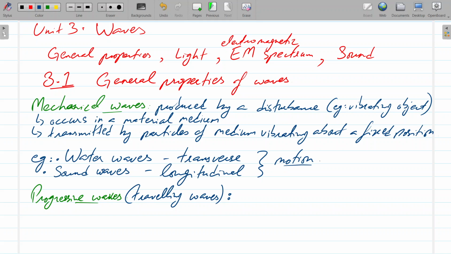They travel at right angles: the direction of their movement is at right angles to the disturbance.